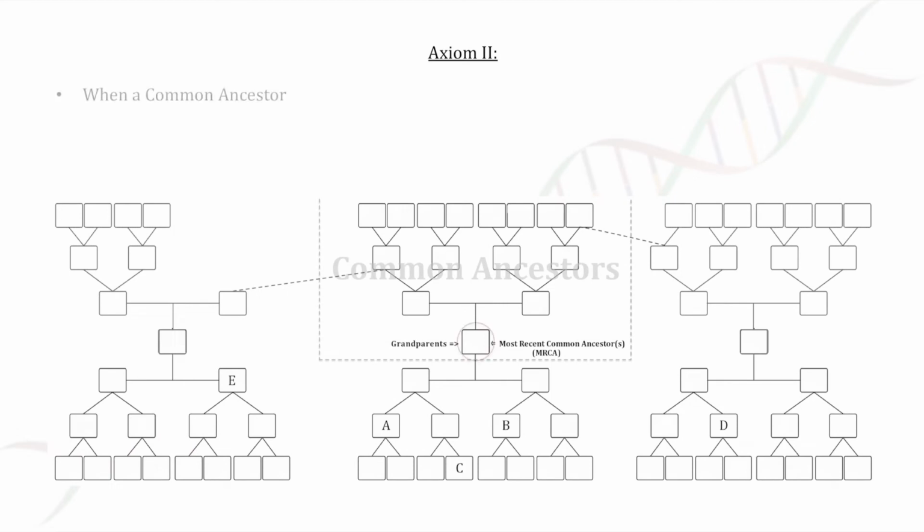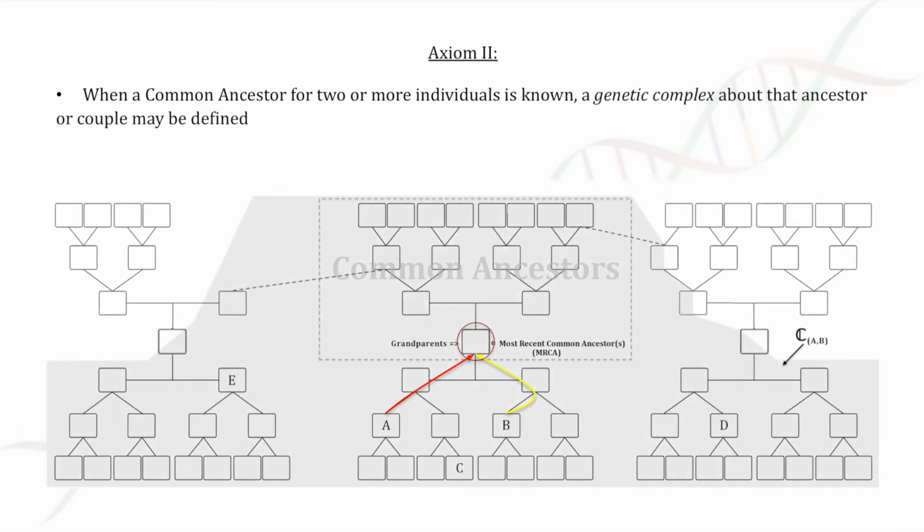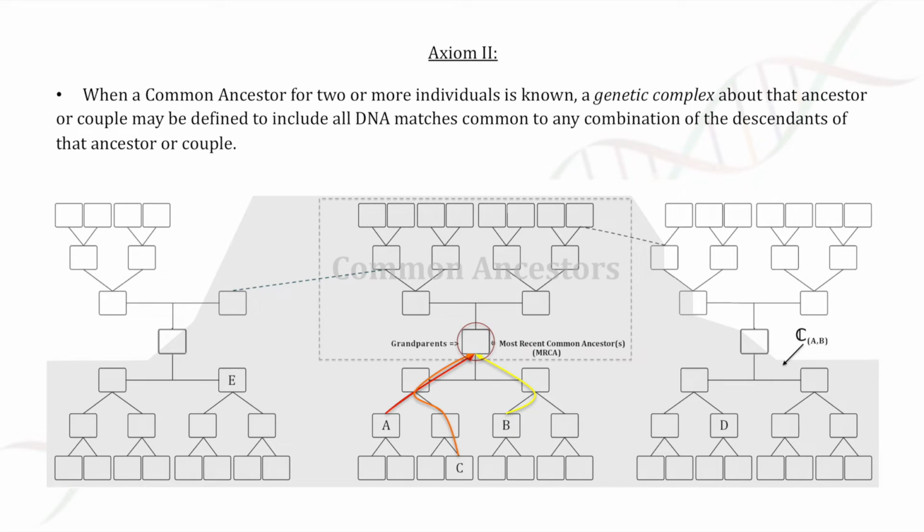Axiom 2, when a common ancestor for two or more individuals is known, a genetic complex about that ancestor or couple may be defined to include all DNA matches common to any combination of the descendants of that ancestor or couple.